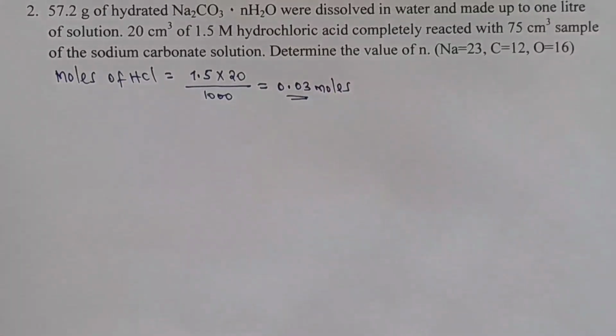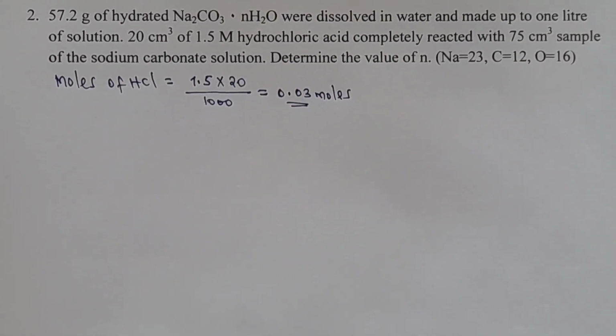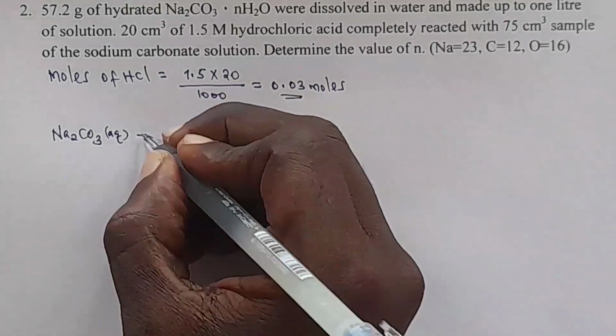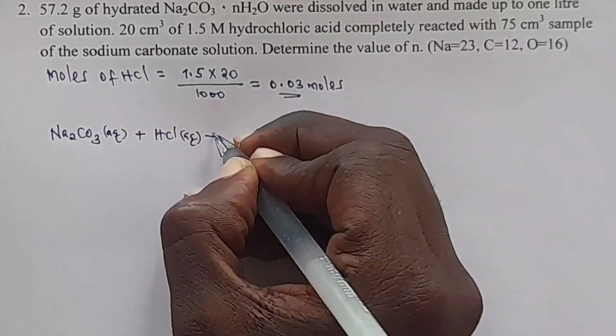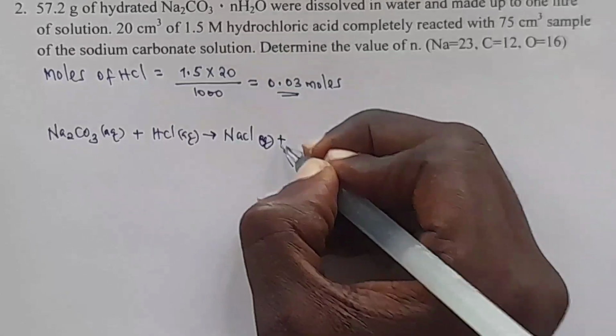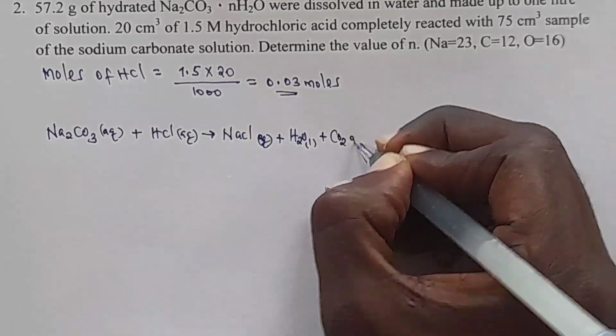That's the first step. Next step, we have to get the mole ratio between sodium carbonate and hydrochloric acid. Write the reaction between sodium carbonate solution and dilute hydrochloric acid, aqueous. Here we are going to get sodium chloride solution plus water, liquid, plus carbon dioxide, gas.